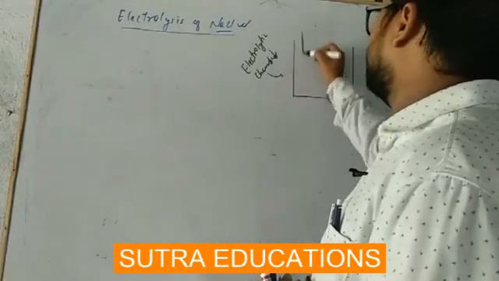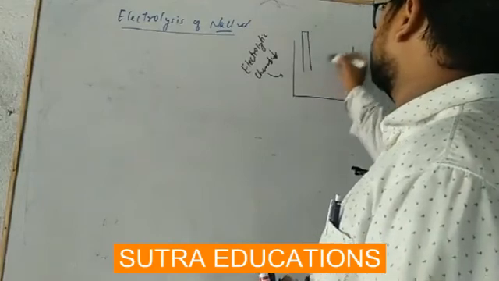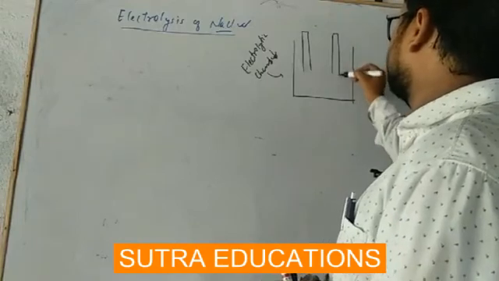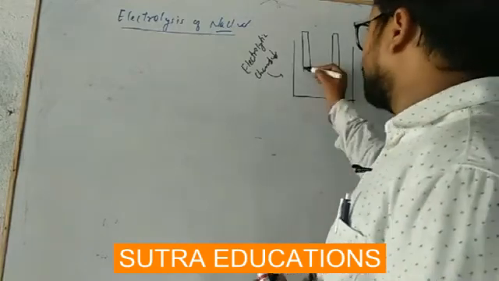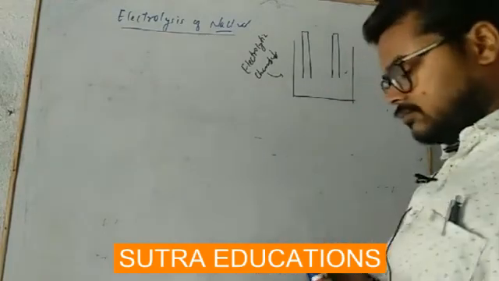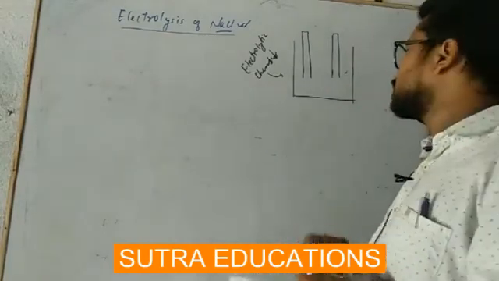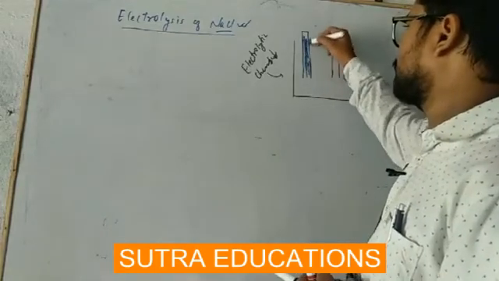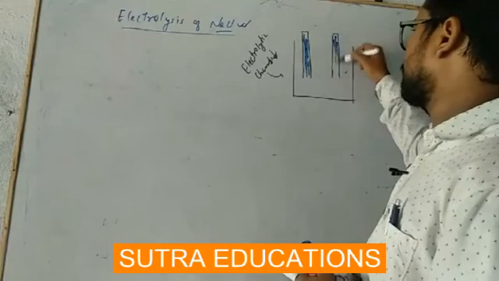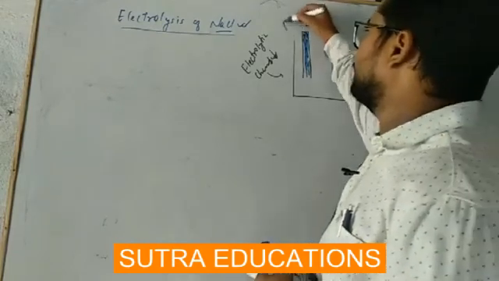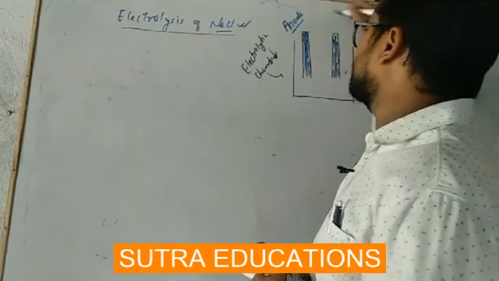These are two electrodes. Say this is anode, say this is cathode.